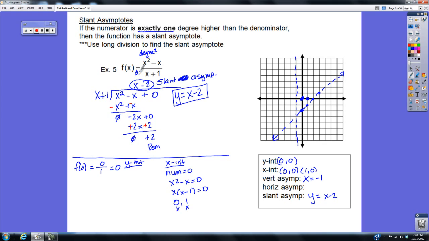The degree down here is 1. Bigger on top or bigger on bottom? Bigger on top. Bigger on top is none. That means there is no horizontal asymptote.